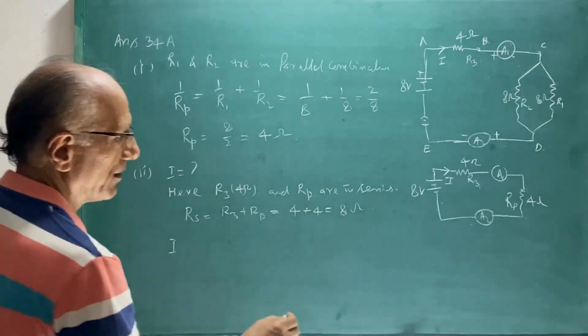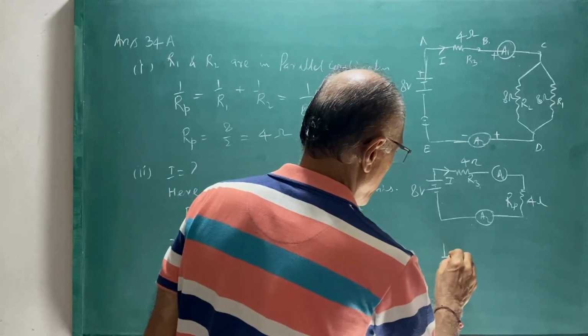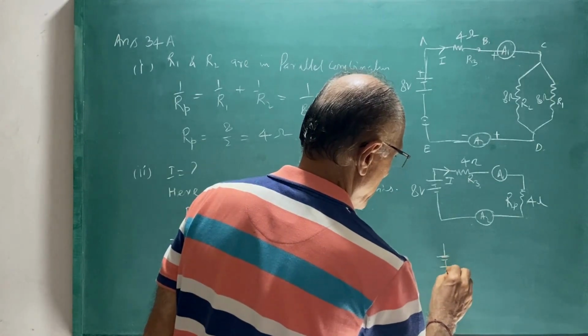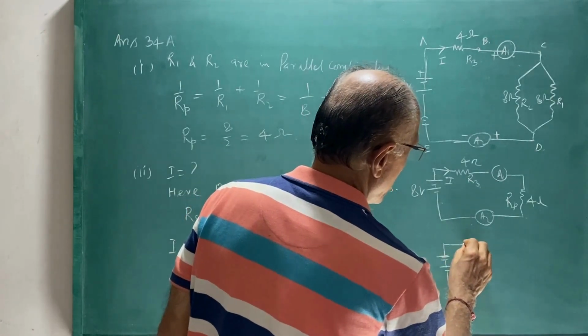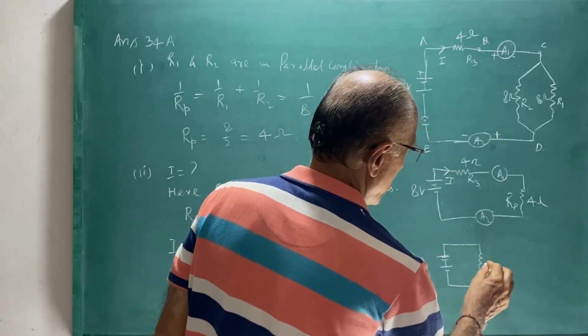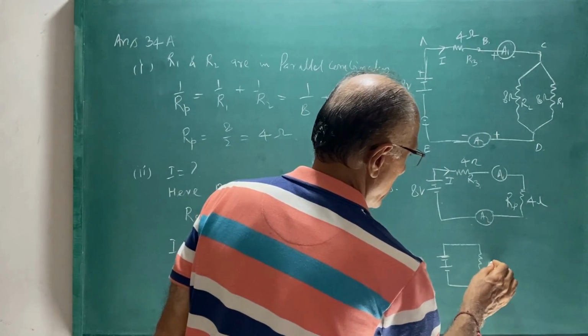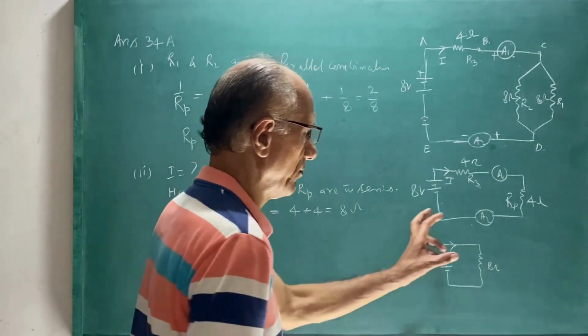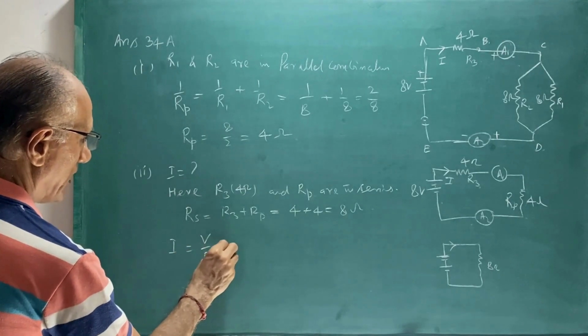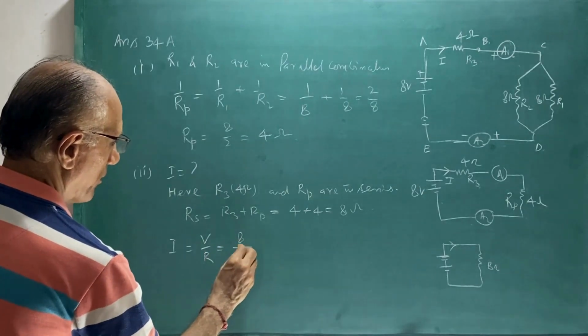Now current I, because this is becoming like this. This is 8 ohm, and the current will become V by R, that is 8 upon R series.